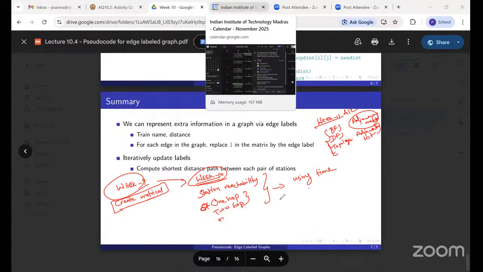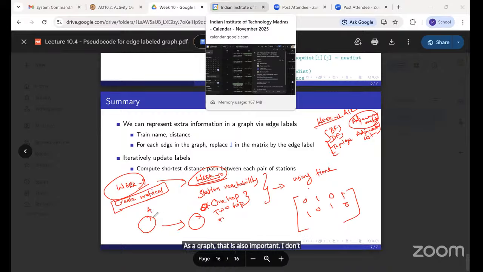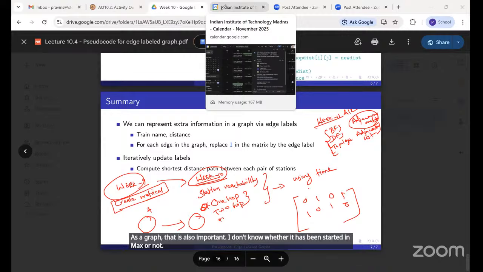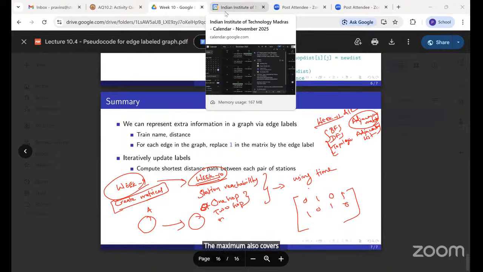Also try to see, if I compute a matrix, something like 0, 1, 0, 1, 1, 0, 1, 0, how can I visualize it as a graph? That is also important. I don't know whether it has been started in Max 1 or not. Max 1 also covers the same concept. It started this week, graphs in Max 10. Okay. Any more doubts about whatever we have studied so far?